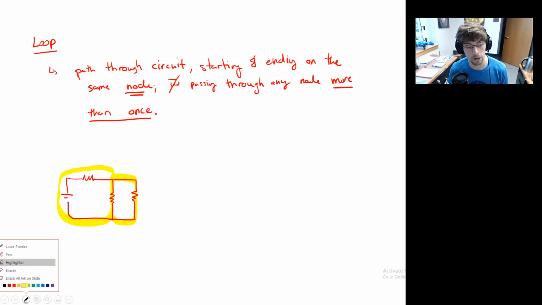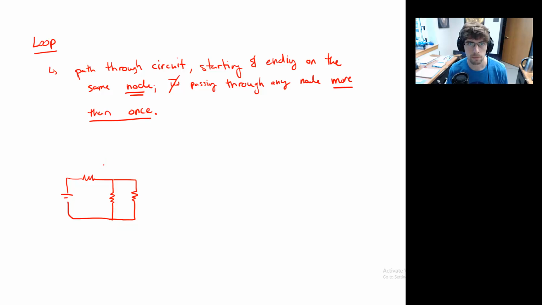Because I did that figure 8, it requires me to pass through a couple of nodes several times. Do not do that. So the figure 8 would not be a valid loop. Whereas something like, and we've used this a lot, so it probably rings a bell, starting with the battery and going all the way around outside and coming back, you notice that I don't pass through any node more than once, and so that's a valid loop.